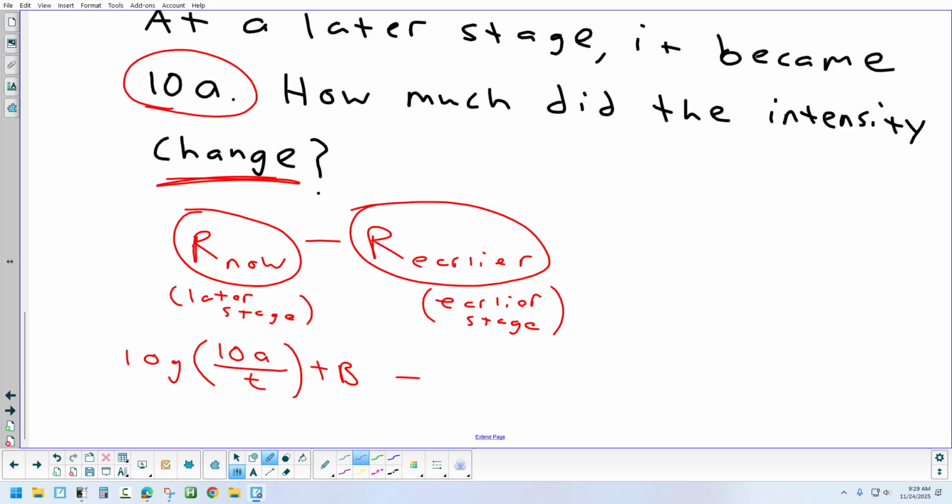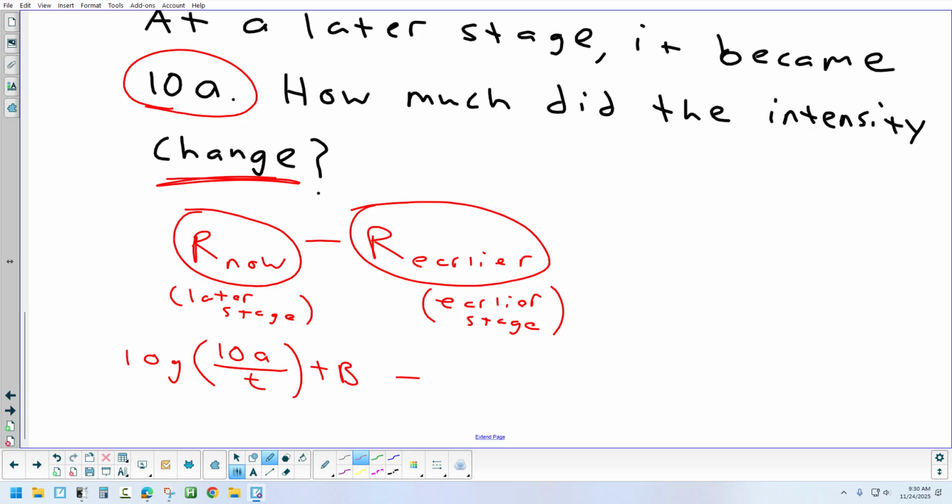And what was the vertical ground motion at the earlier stage? How did they say to represent that? Marin, what was the intensity at the earlier stage?